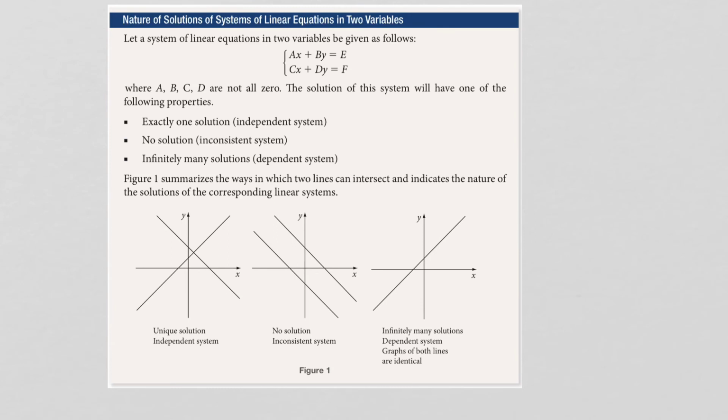One note that I want to make before continuing is that in the beginning of the section, we talked about the different types of solutions to systems of linear equations. And I used a graph to talk about those 3 situations. So we have the situation where they have one solution, we have the situation where they have no solution, and we have the situation where they have infinitely many solutions. And the thing I wanted to point out is, although the graph is great for helping you understand the situation, notice that we did not solve any of these problems by graphing.